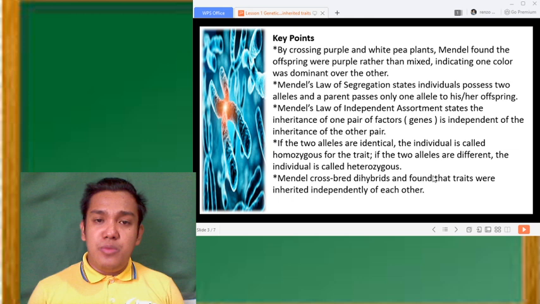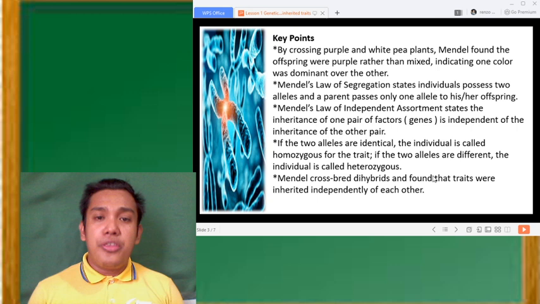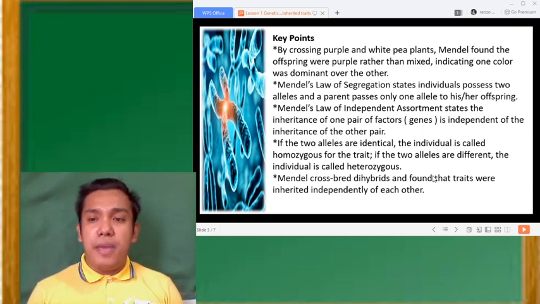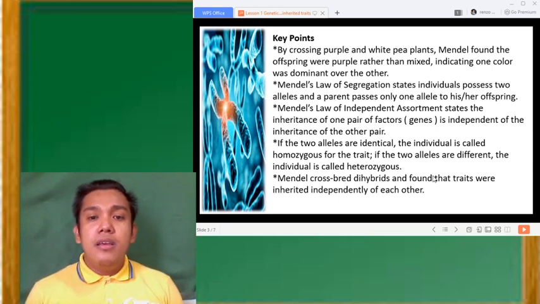Second, Mendel's law of segregation states an individual possesses two alleles and a parent passes only one allele to his or her offspring. Third, Mendel's law of independent assortment states the inheritance of one pair of factors or genes is independent of the inheritance of the other pair.